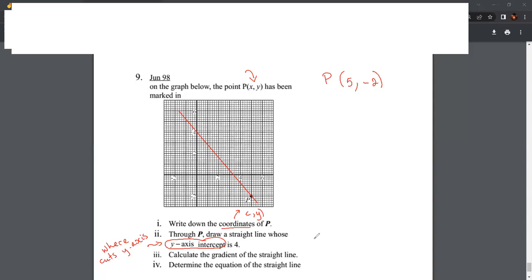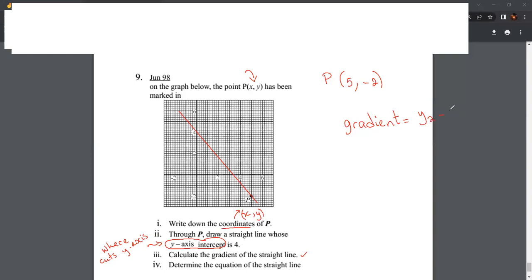Part 3, it says, calculate the gradient of the straight line. In order to find the gradient, you need 2 points on that line.